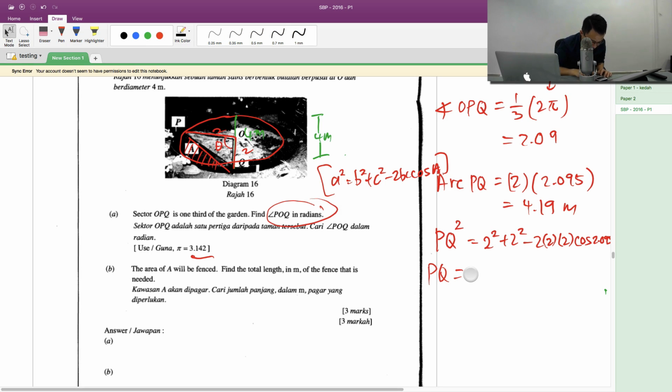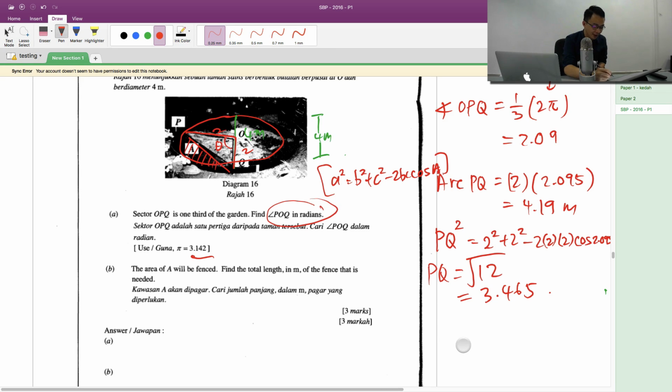Let me change my calculator to radian. So 2 squared plus 2 squared minus 2 multiplied by 2 multiplied by 2 and then multiplied by cos 2.095, and I will get 12. So I take the square root of 12, so it's actually 3.465.